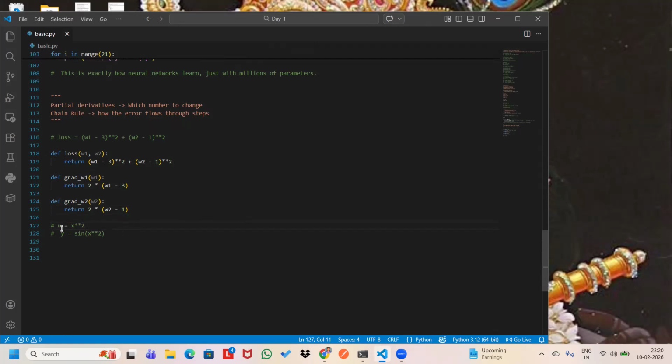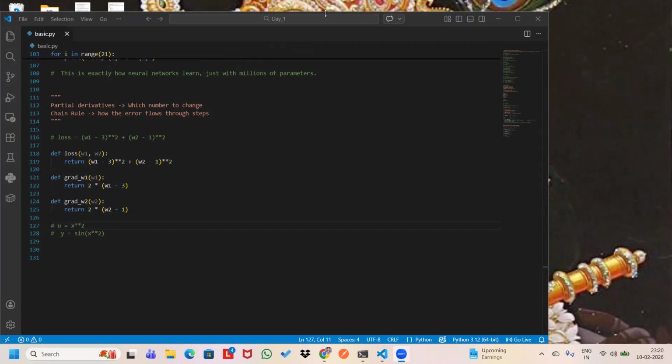You can see that this is a function, and I'm putting this function into another function, which is the sine function. So the chain rule helps you to hold a function within a function.